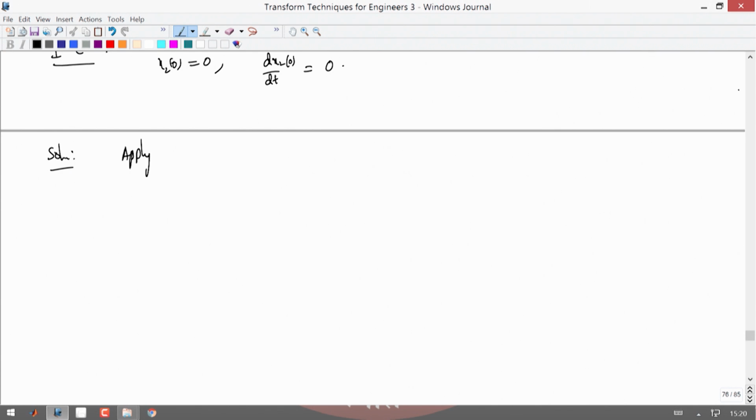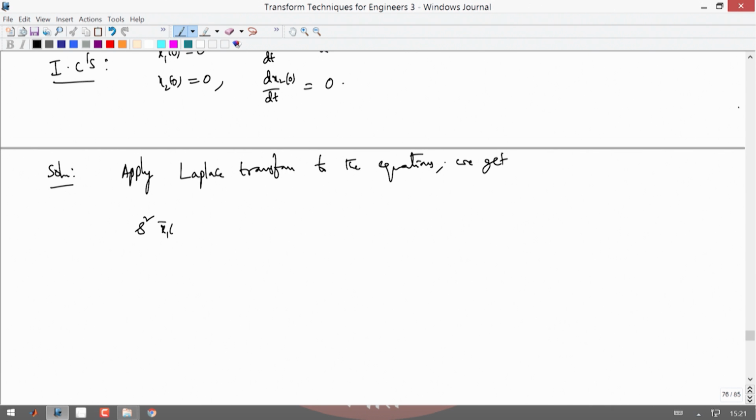Apply the Laplace transform to the equations. If you apply it to the second order derivative, you get s square x1 bar of s minus s times x1 at 0 and then minus x1 dash at 0.